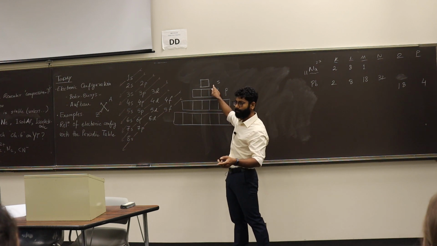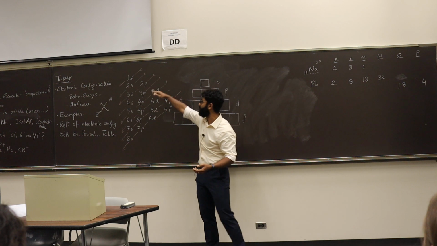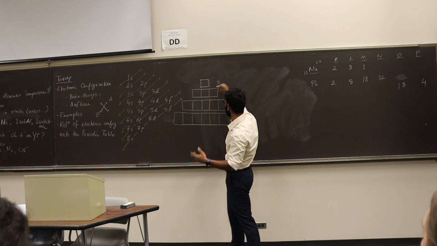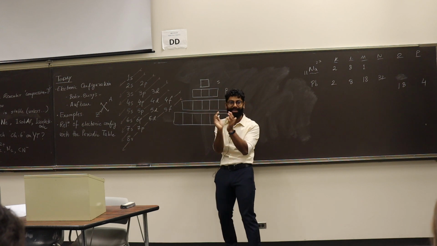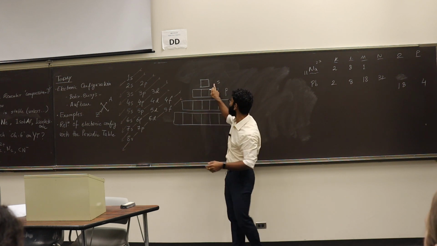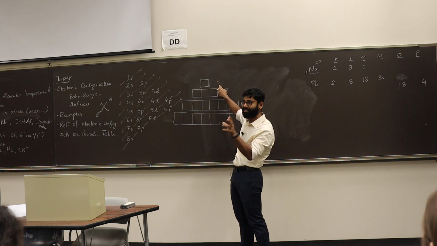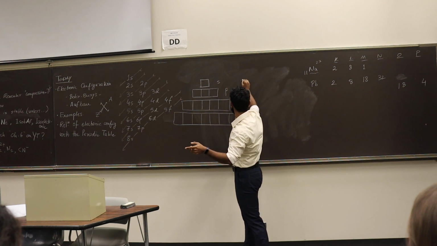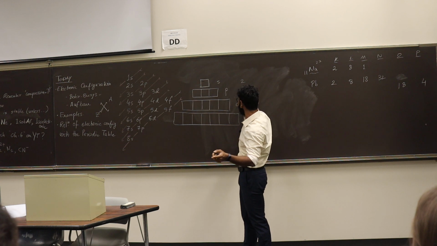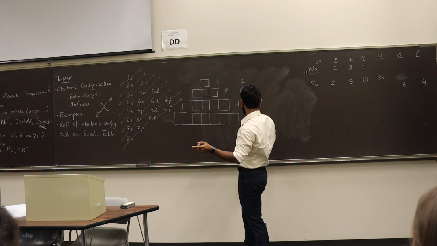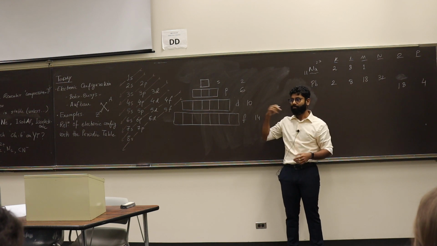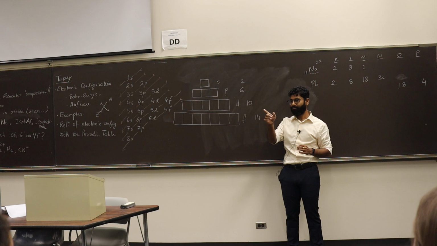So it can be 1s. This can accommodate a maximum of 2, because each block can get 2 electrons. So how many max can be accommodated in an S type of apartment? 2. For P, 6. 10, 14. Any doubts here? For the people who are going back in memory lane trying to figure this thing out.